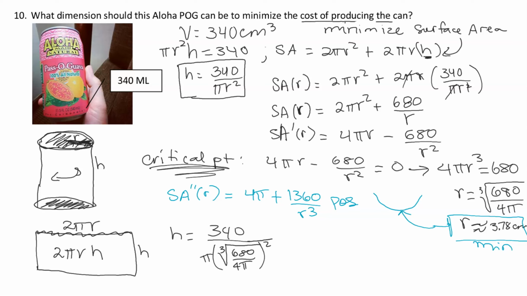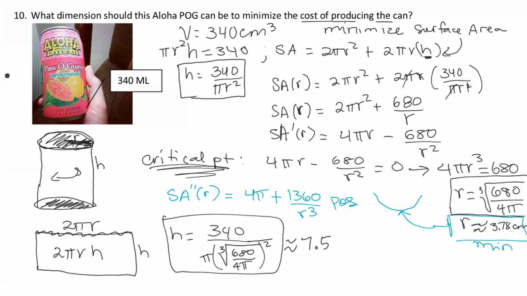This is R, and this is H. But if we want an estimate, we have to type that into our calculator. Let's put that in the calculator and see what that is. The decimal tells me that this is approximately 7.565 centimeters.